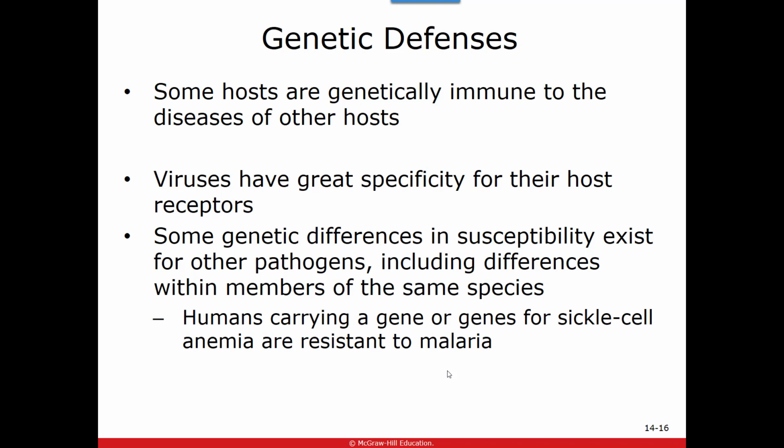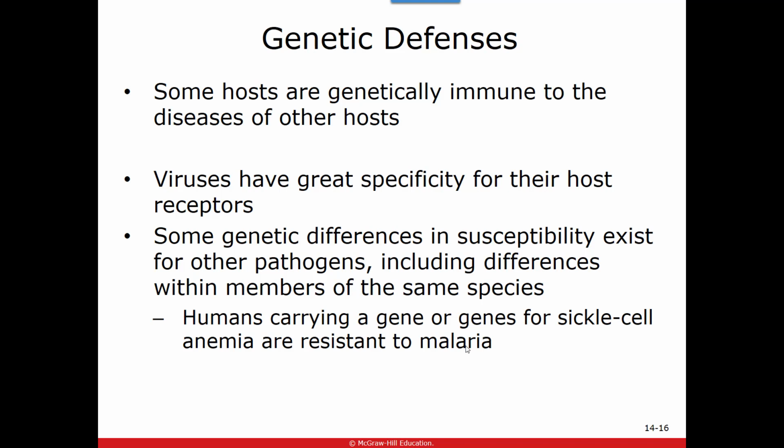An example: if you carry a gene or genes for sickle cell anemia, which is unfortunate, the benefit is that you are resistant to malaria. Doesn't mean you for sure can't get it, but you have a lower chance. So a genetic difference can make you more resistant to certain diseases. Pretty rare, but there are some of those unique examples.